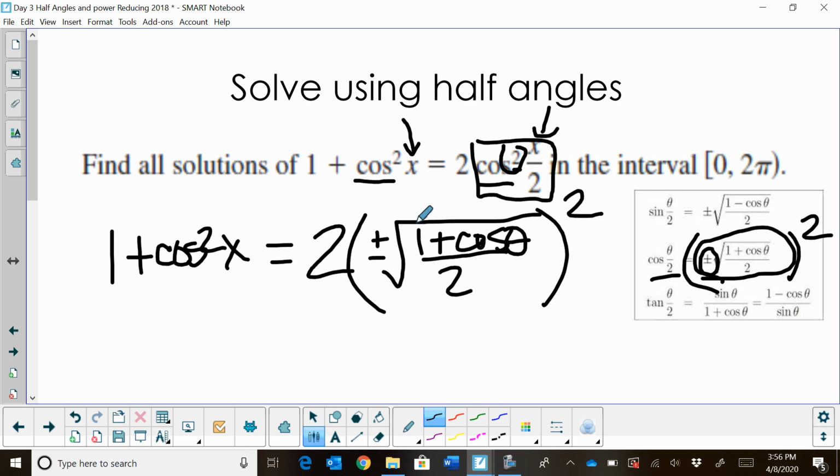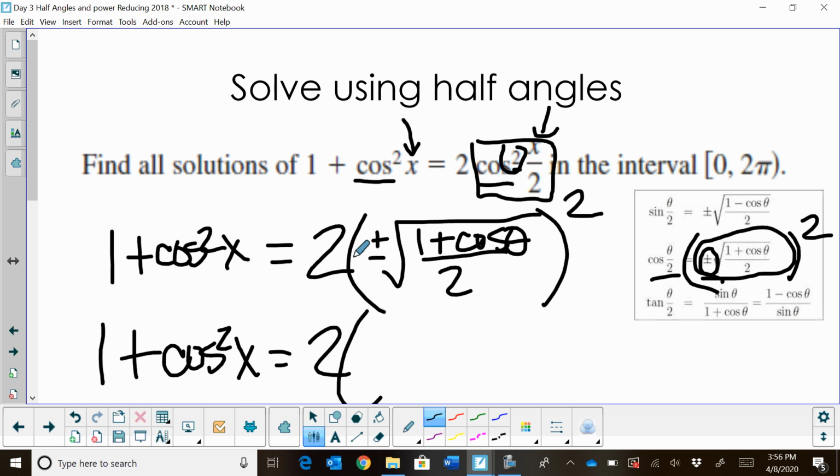That's when I get rid of my plus and minus, and that's when I get rid of my radical. So I'm going to have 1 plus cosine squared x equals 2 times, if I square all this, I get rid of the radical, so what's left just comes out, and I have 1 plus cosine theta all over 2.